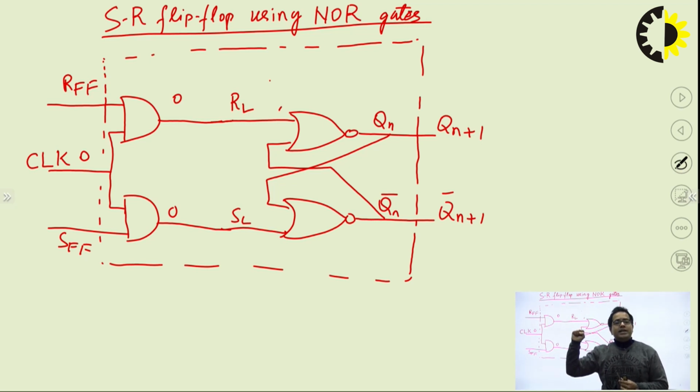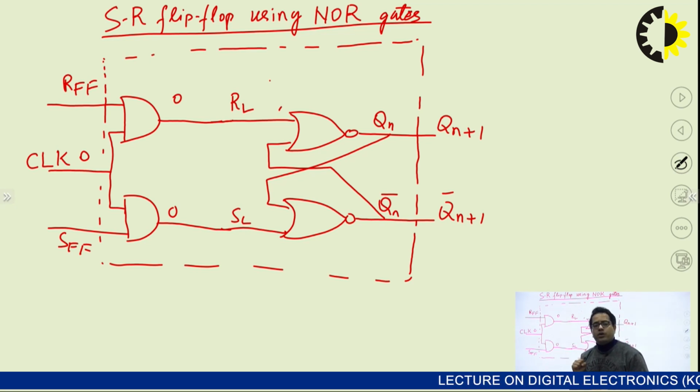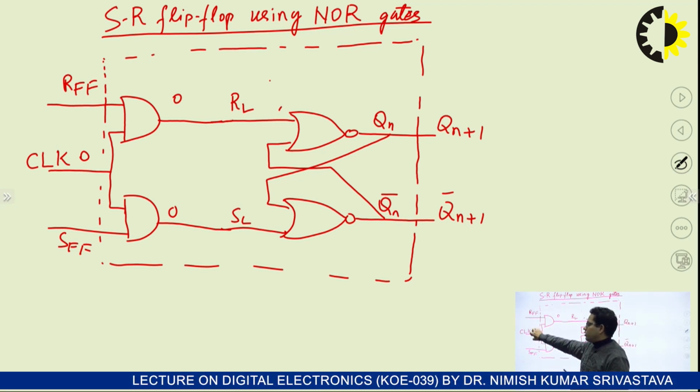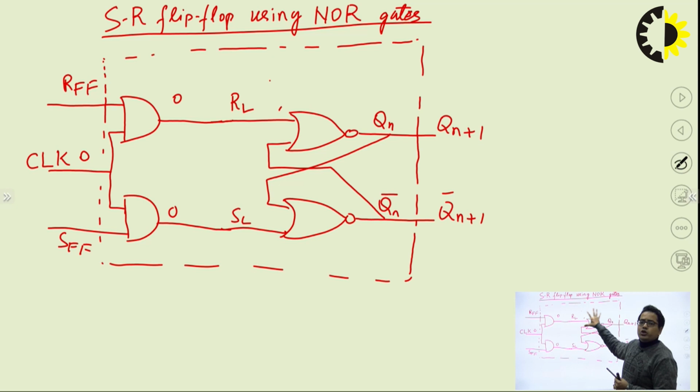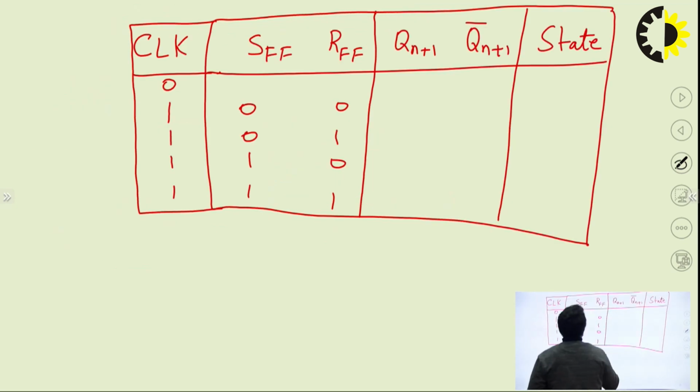So that is the meaning of not applying a clock pulse, and then we will see if we are applying a clock pulse, how it's going to respond. The moment you are not giving a clock pulse, you are giving a 0, so the result of this AND gate will be 0 0. So your latch is going to be in the hold state, which means that at the output you will get Qn.